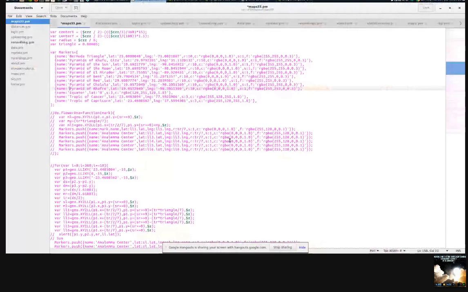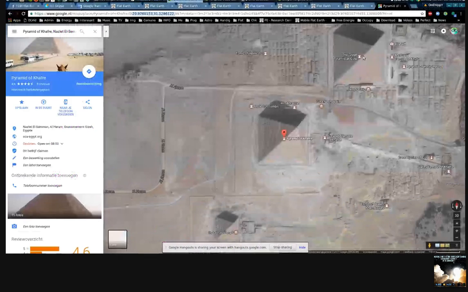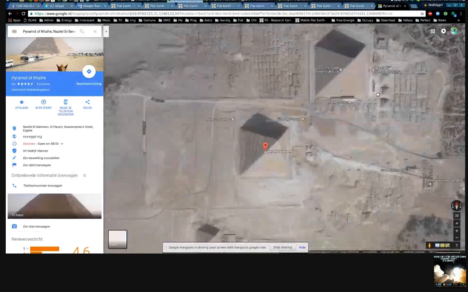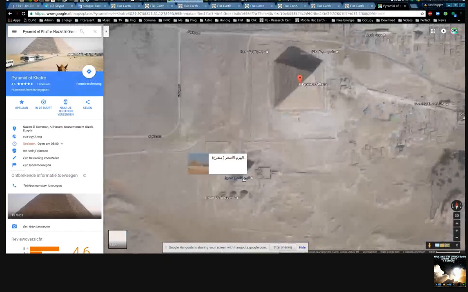The most distinctive feature of this pyramid is the topmost layer of smooth stones that are the only remaining casing stones on a Giza pyramid, because it has like a capstone on it of remaining.